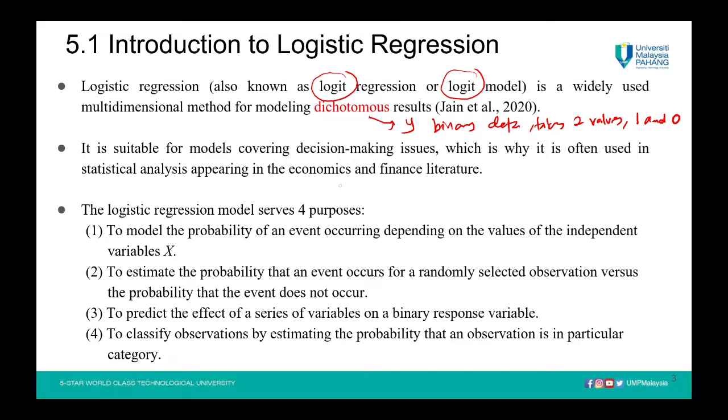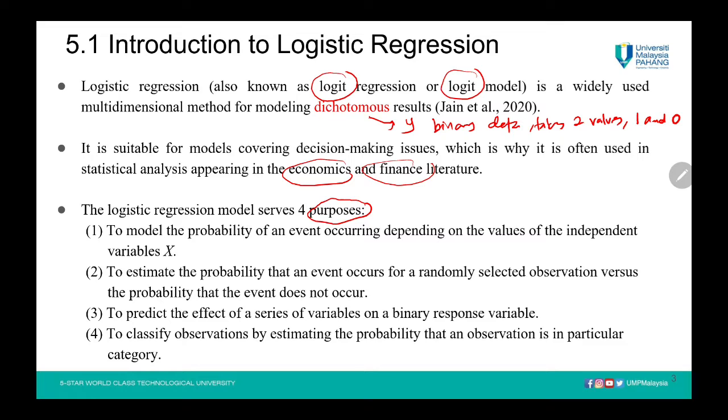The logistic regression model is suitable to cover decision-making issues, which is why it is often used in statistical analysis appearing in the economics and finance literature. In general, there are four main purposes of logistic regression as listed here.